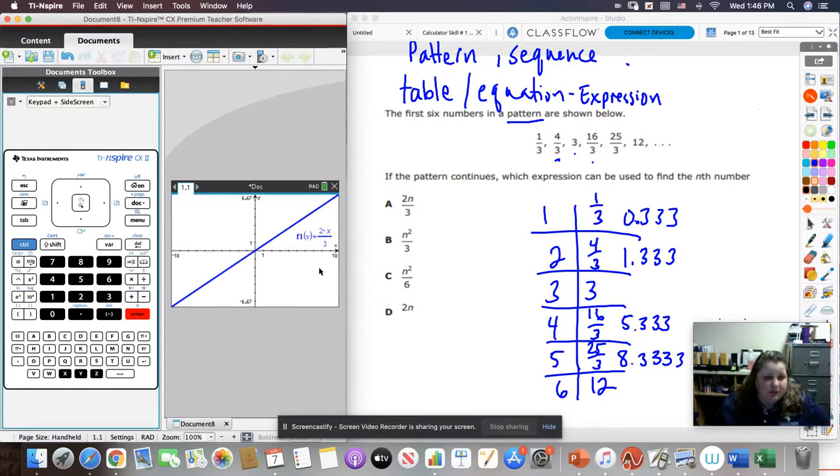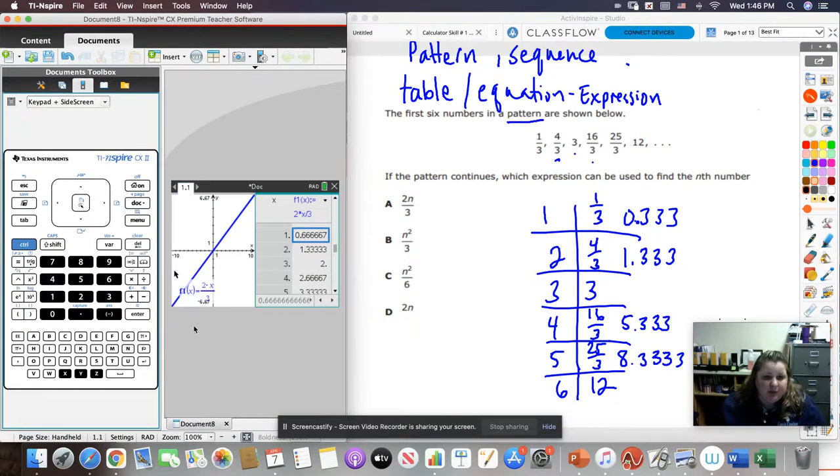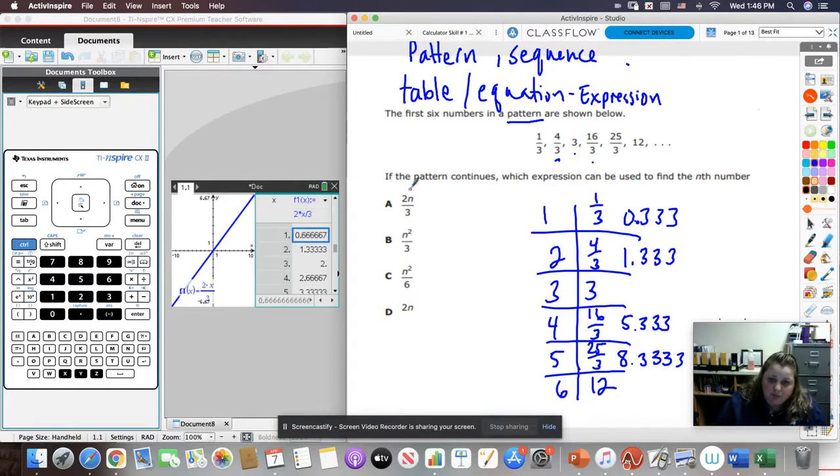There are 2 different ways to do that. One way is to go to your table, which is Control and T. In this case, table might be okay to use because it goes 1, 2, 3, 4, 5, 6. And then I can compare. 1.33 matches, 3 doesn't match. If you have any that don't match, that's not the right answer. So you can clearly see the first one doesn't match.